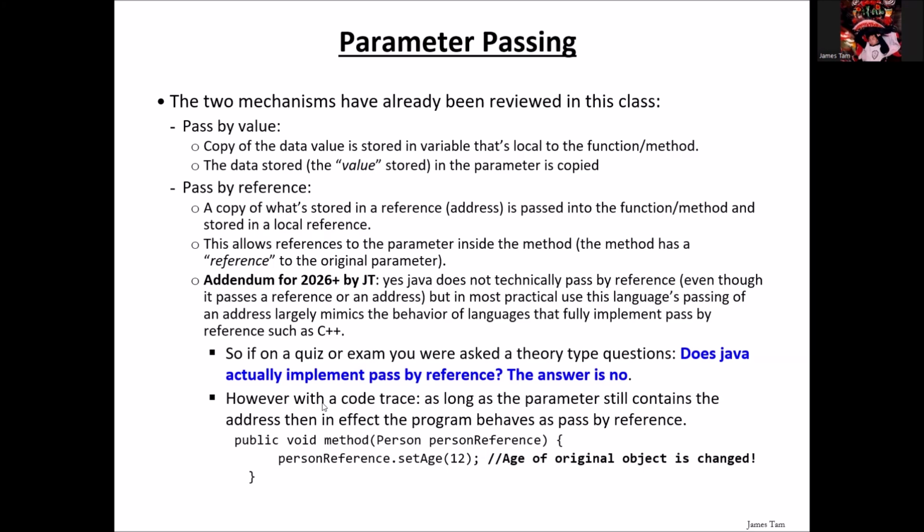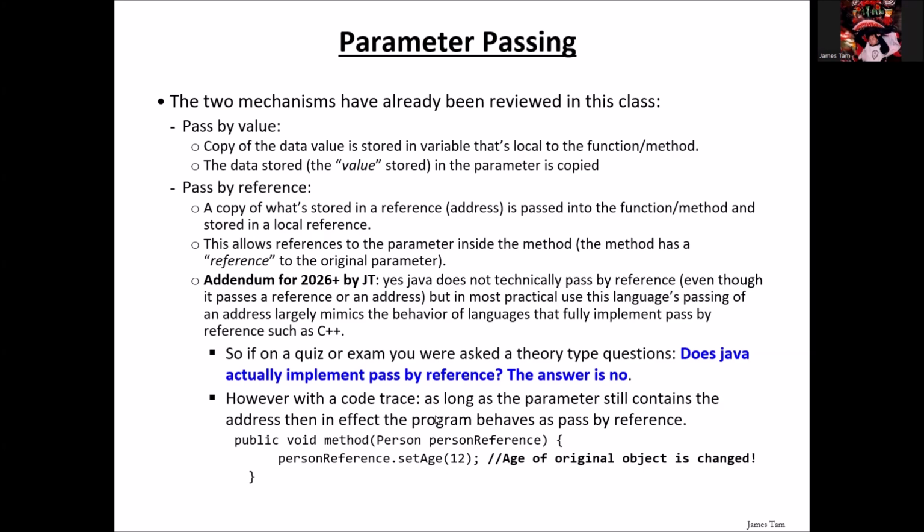However, in terms of actual effects, when you're writing a program for code trace, if you have a parameter that passes in an address, and that address is stored in a local, say we have this local called person reference, we pass in a reference to an object. Person reference contains the address of the object. And as long as person reference contains the address of the object, and we haven't changed the address here, we're using the mutator to change the attribute, it acts just like real pass by reference.